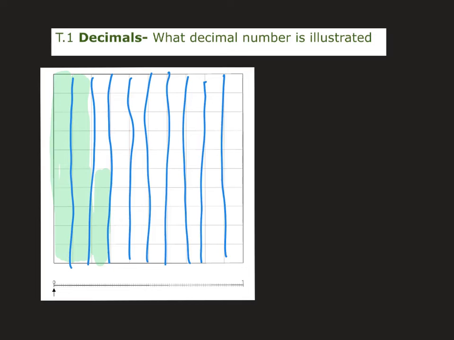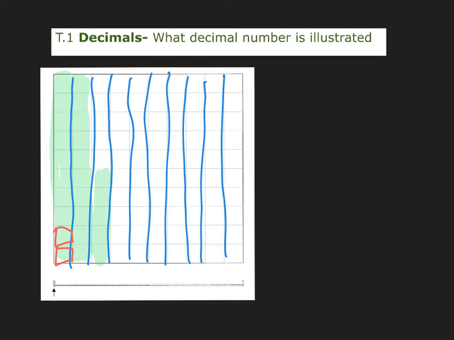So now I want to consider it in terms of those smaller squares. Let's call them the red ones. How many of these red squares would I have filled in with the green shading? Well, I can count by tens. 10, 20, 21, 22, 23, 24, 25.